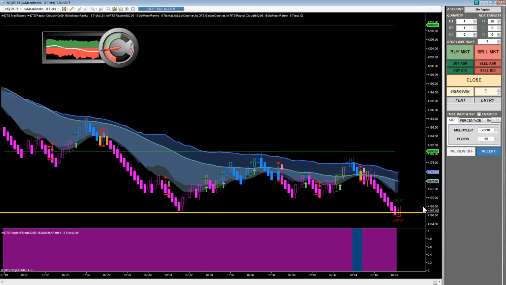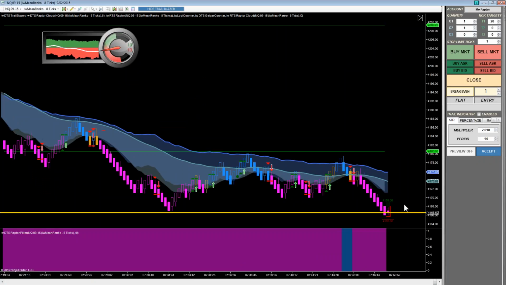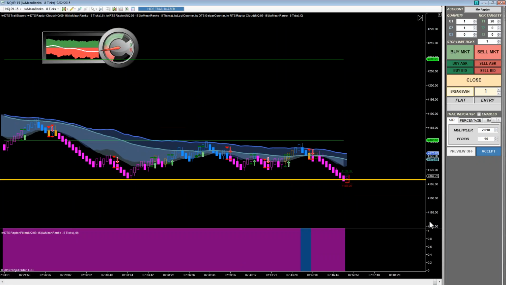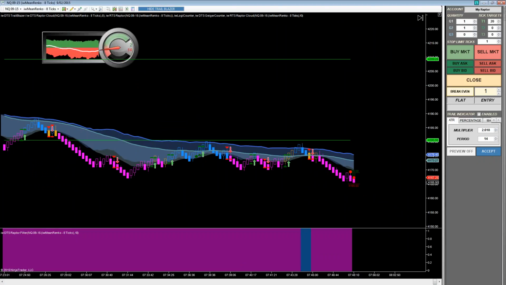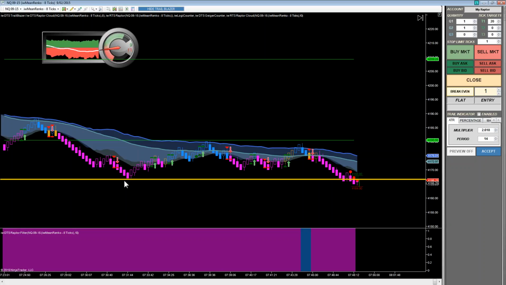So we're going to see them try to break out lower, and then perhaps give us that retest before the next leg down. We haven't done a Raptor trade yet, so let's see if we can put one together here.